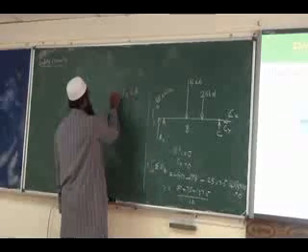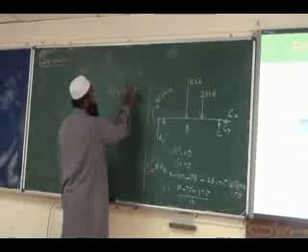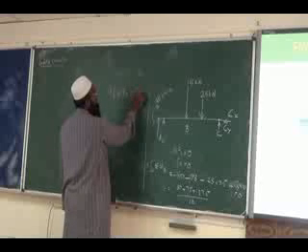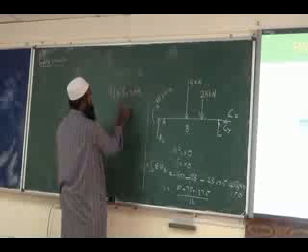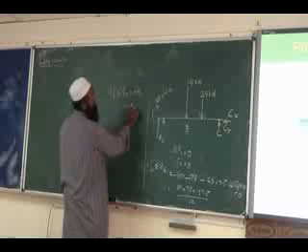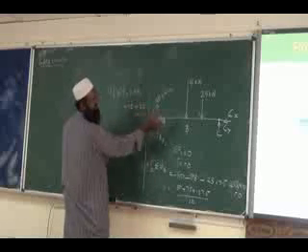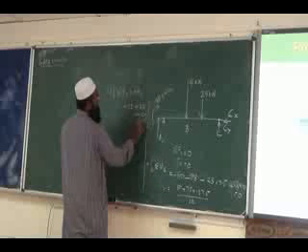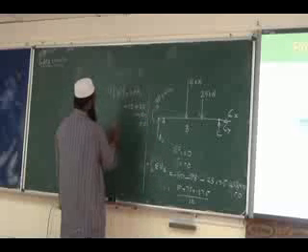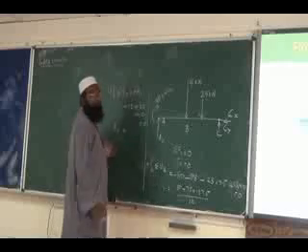So I take downward as positive. So minus Ay plus 15 plus 25 plus minus Cy. So find out Ay.